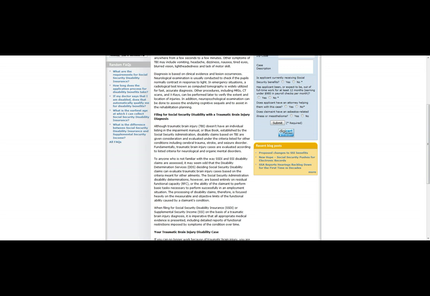When filing for Social Security disability insurance or supplemental security income on the basis of a traumatic brain injury diagnosis, it is imperative that all appropriate medical evidence is presented, including detailed reports of functional restrictions imposed by symptoms of the condition over time. If you can no longer work because of traumatic brain injury, you are likely entitled to Social Security disability benefits.